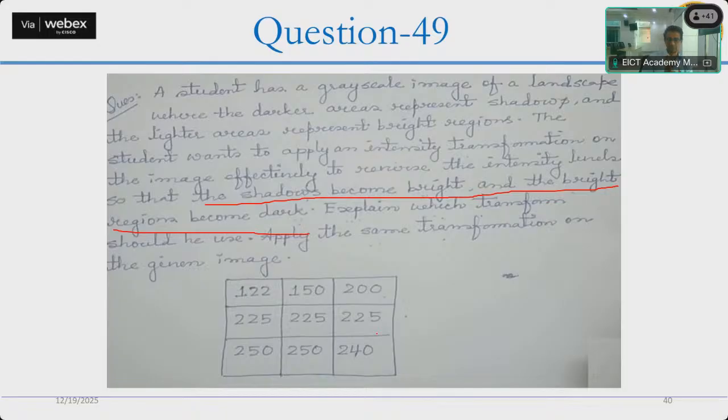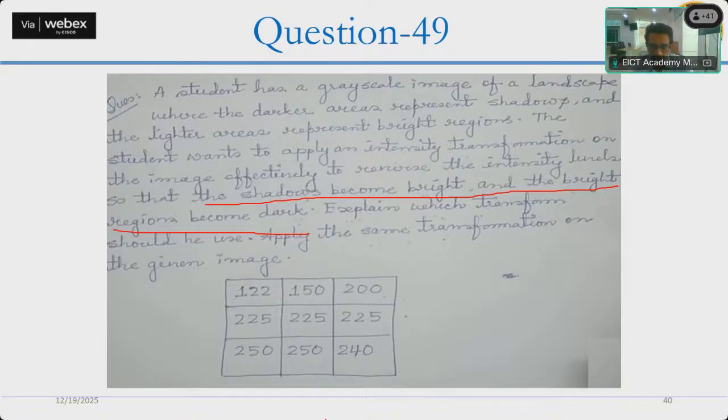So what should be the formula of s? Inversion technique, yes, very good. Absolutely, this is the inversion technique. You can apply the inversion technique.